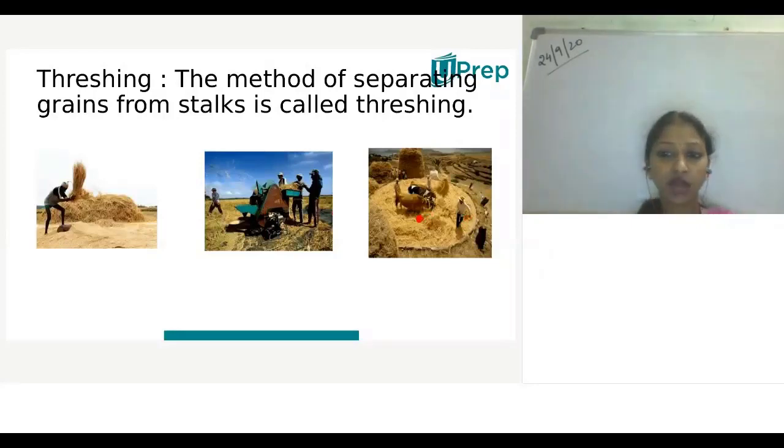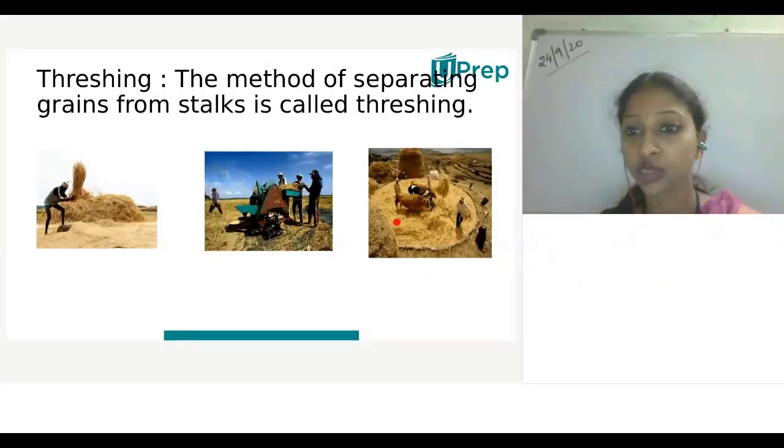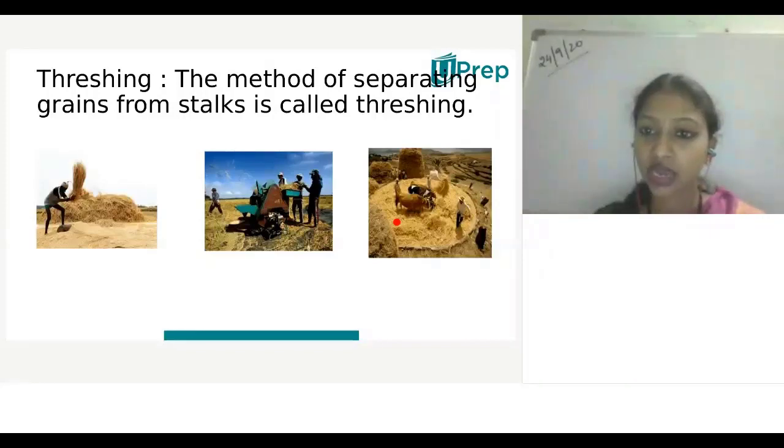Next, if the farmer cannot afford the machine, he will use the effort of cattle. The dried stalks are spread in a particular area, and the cattle step on the stalks, so the grains are separated by threshing.